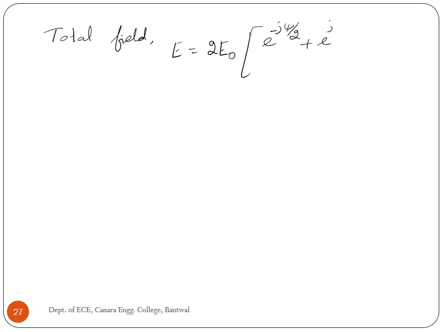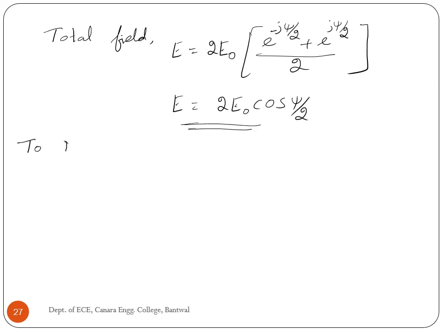Therefore, total field E is equal to 2 E naught times e to the power minus j xi by 2 plus e to the power j xi by 2 divided by 2. So E is equal to 2 E naught cos xi by 2.